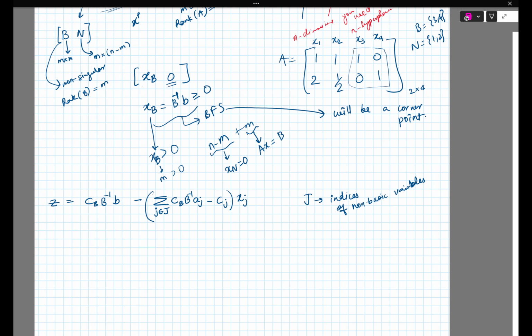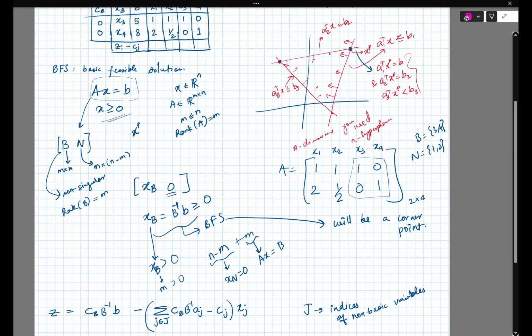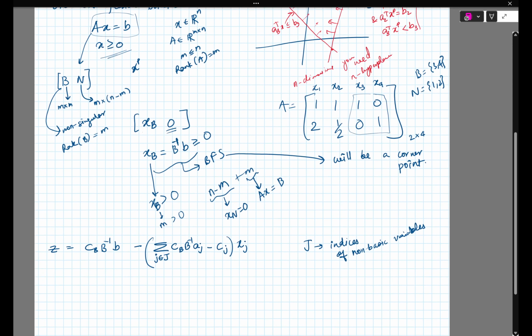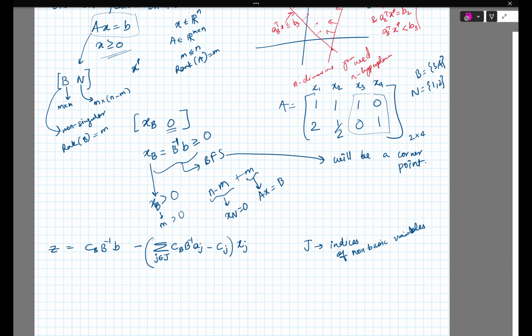So in this case, J will contain, in the first iteration where our basic variables are 3, 4, and non-basic are 1, 2, 1 and 2, and this aj is, you can say, the jth column of this A matrix. Okay.